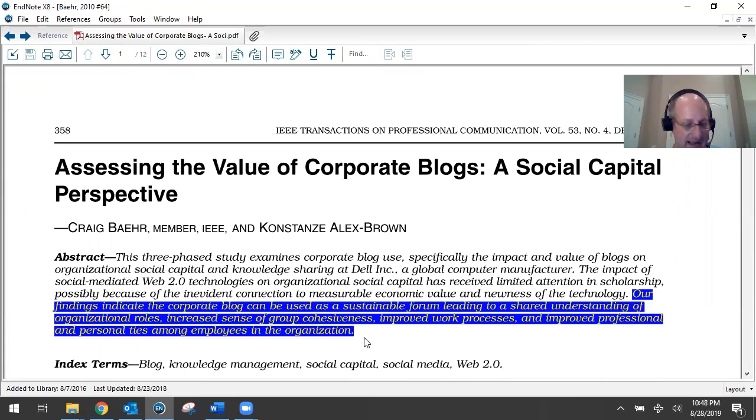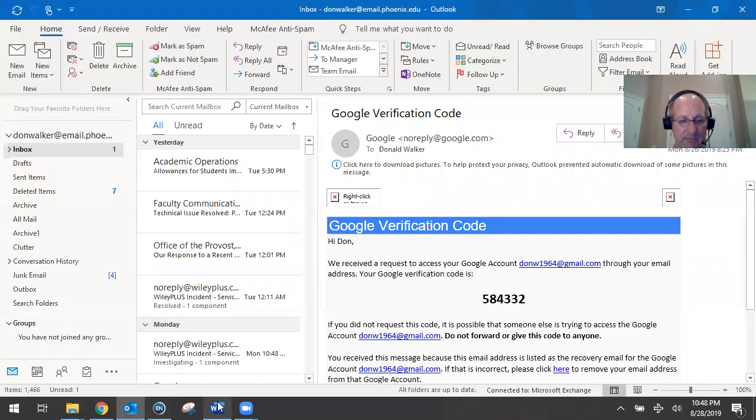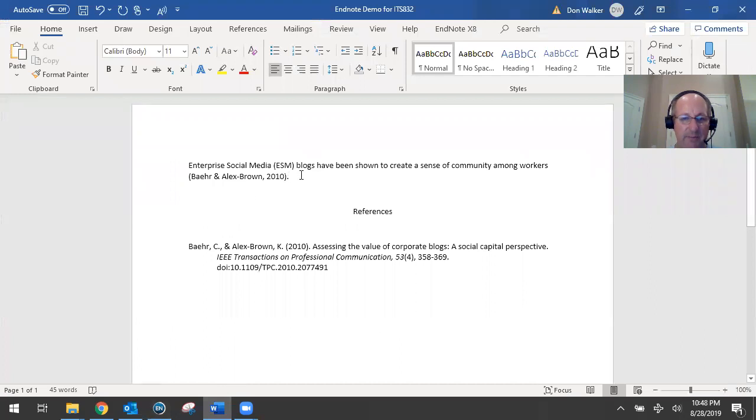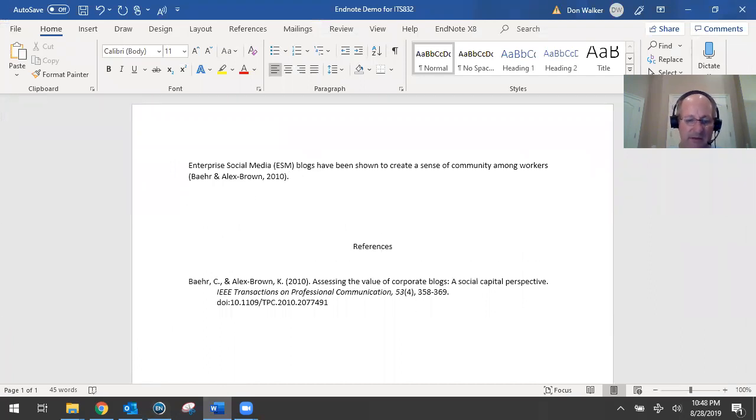And this is bad, bad, bad practice. I'll copy that and I'll paste it. And maybe the discussion question was, why are corporate blogs valuable? And say that was in the instructions for a discussion question.